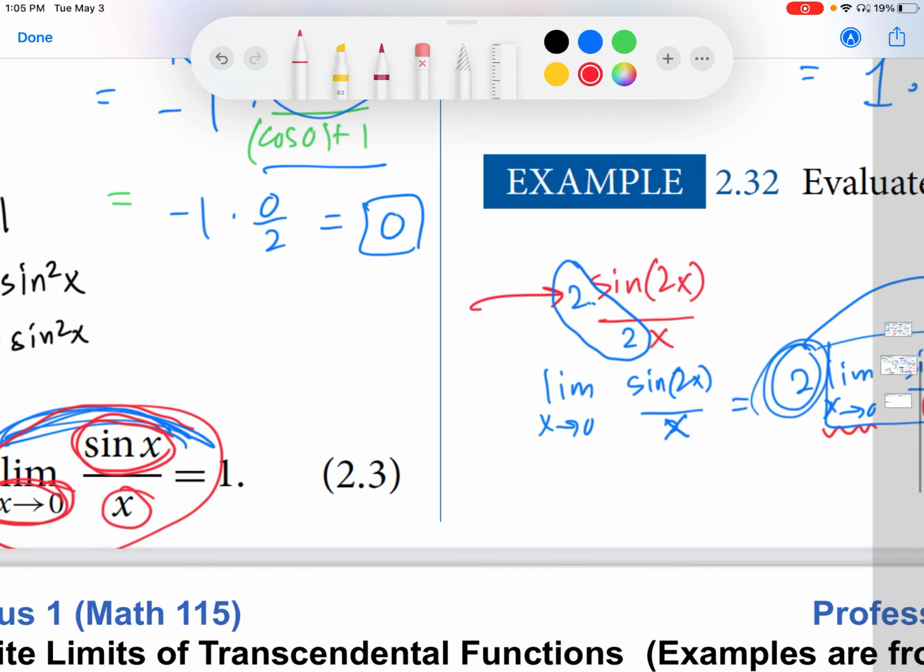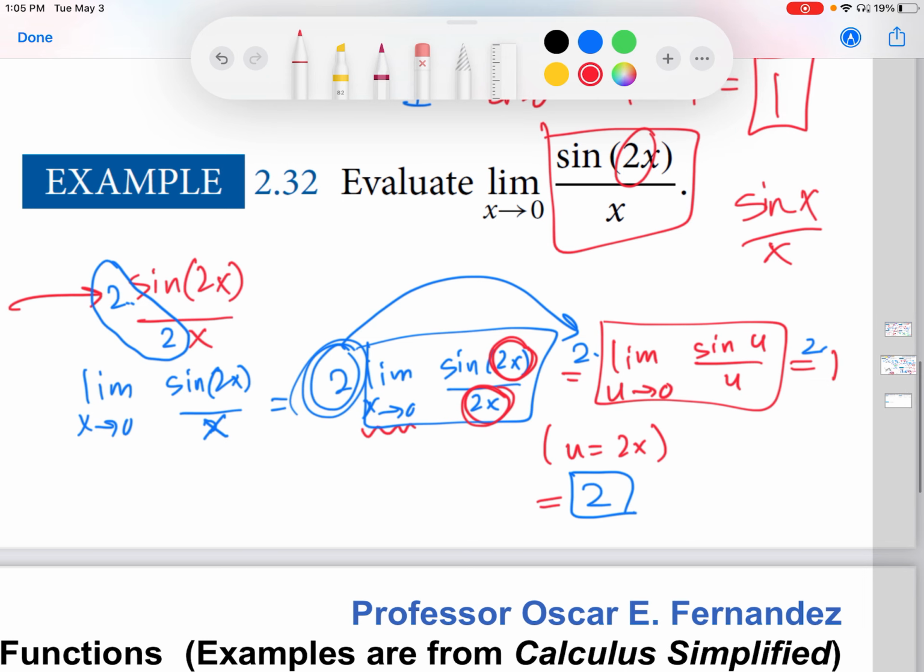That kind of reminds me of what's happening right over here. So then, we thought of 2x as u, and notice that as x goes to 0, u goes to 0. So this limit is the same as that limit. And therefore, we're looking at the same function that we did before, just in a different variable. So then we got 2 times 1, and that gives us 2.